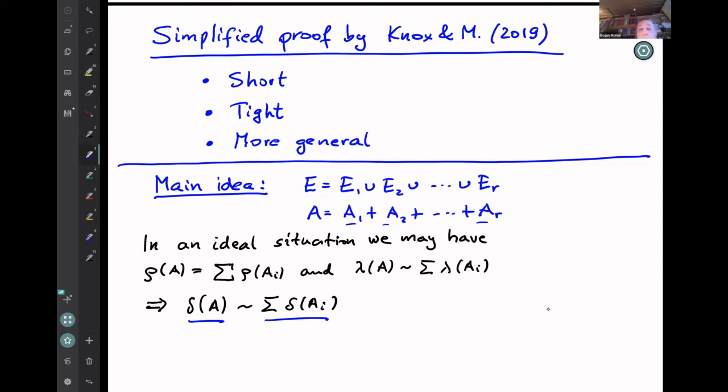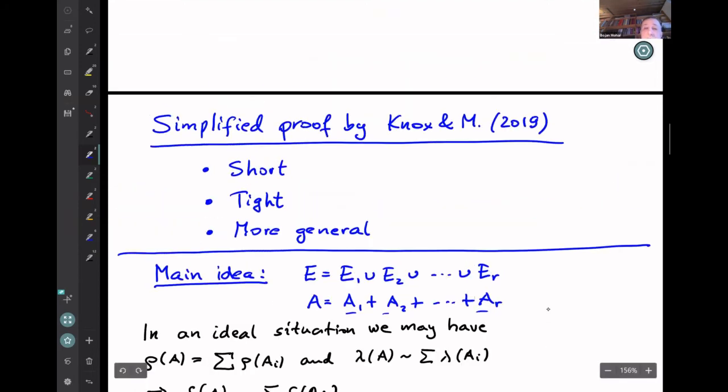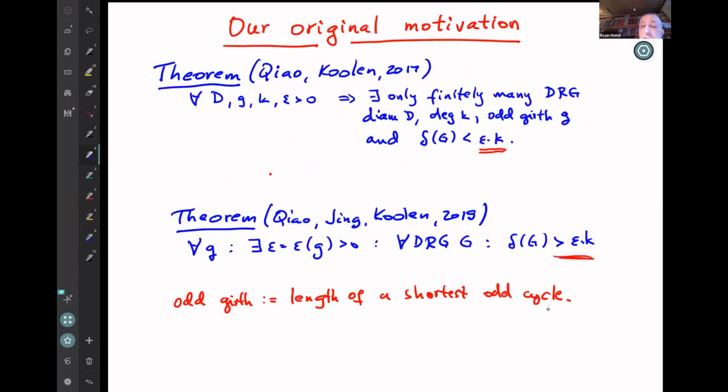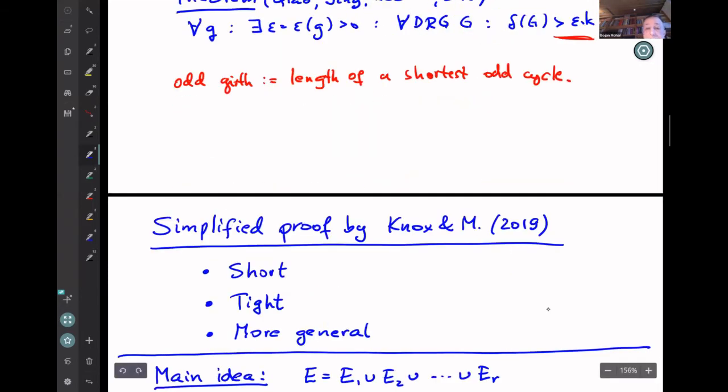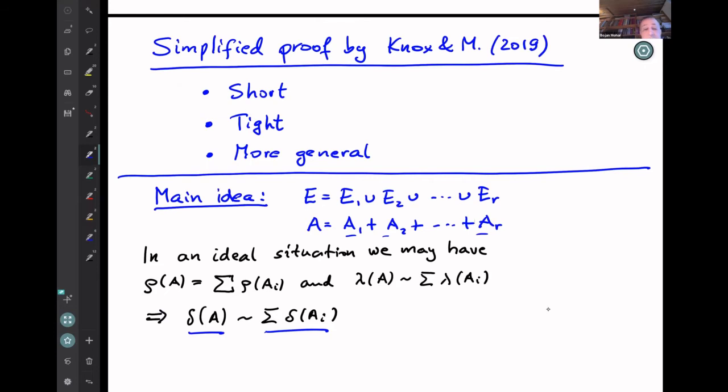So if you look back at this result, you can think of this epsilon as the spectral gap of a cycle of length g, which is odd, and that would be roughly 1 over g. So you could take epsilon to be 1 over g for this case. This idea suggests that 1 over g could possibly be a result.